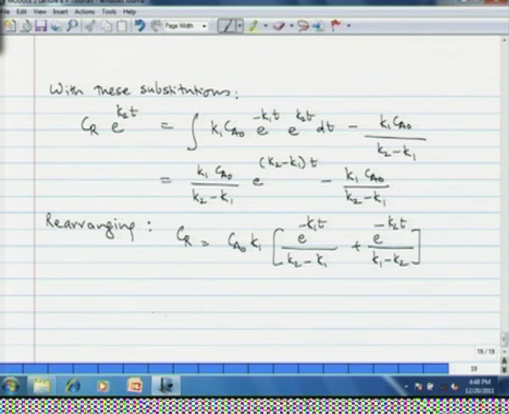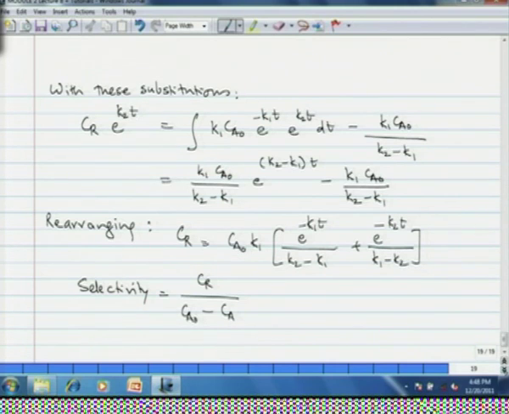Now, the selectivity. Selectivity is defined in a similar way: number of moles of desired product formed divided by number of moles of A converted. Okay. So, Cr divided by Ca naught minus Ca.